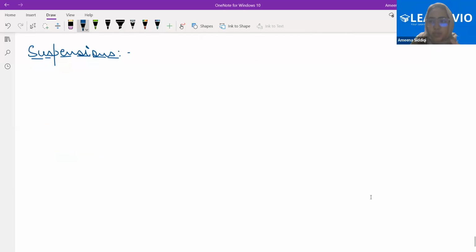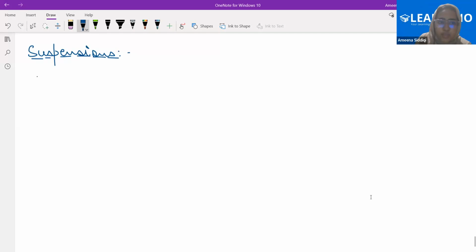Similarly, in case of suspension, the particles which are mixing and the particles of the other substance can both be in any state. But at your level, we are generally considering the suspension where one particle is solid and the other is a liquid. Please keep this point in mind when you are going through suspensions, because otherwise, pizza is also an example of a suspension. But at this level, we are not going to discuss that type of suspension.